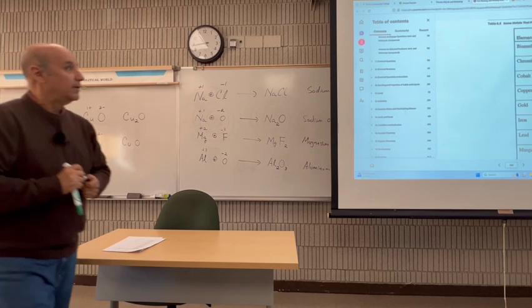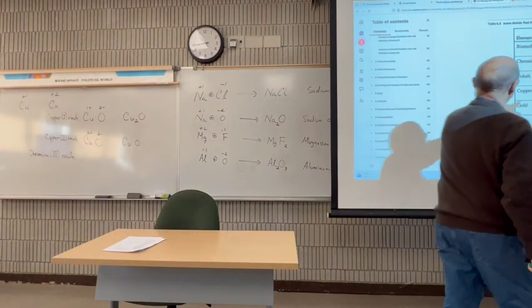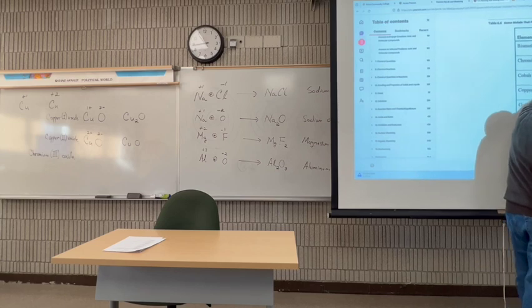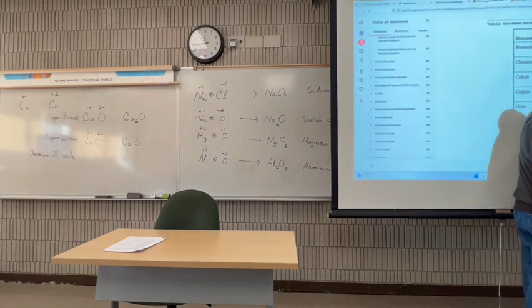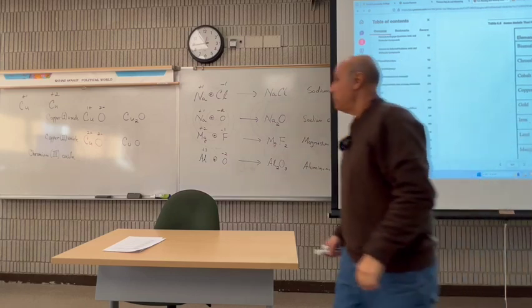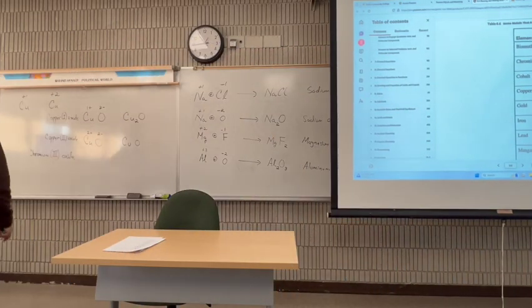Chromium, another transition metal, can exist as 2+ or 3+. I put a Roman numeral of 3, so I'm telling you the charge is going to be 3+. What would be the formula that you predict for chromium oxide?